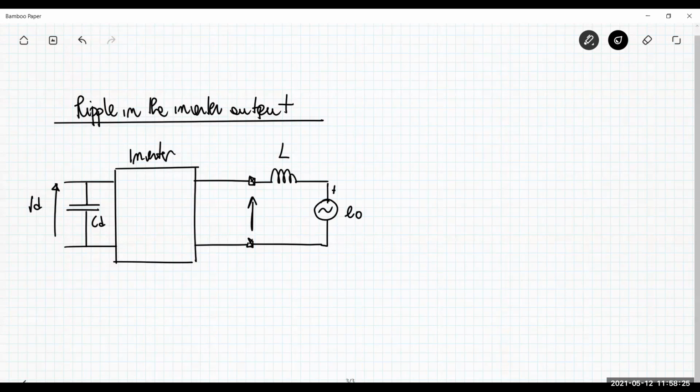This voltage here is the voltage V0. The current here is the current I0. Here in series with the inductance, you can also have the resistance, which represents the model of the ohmic losses in the winding. This is what happens for a generic inverter.